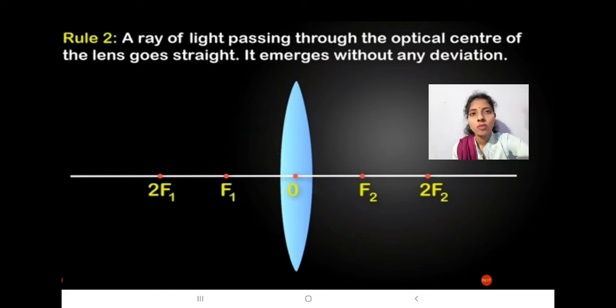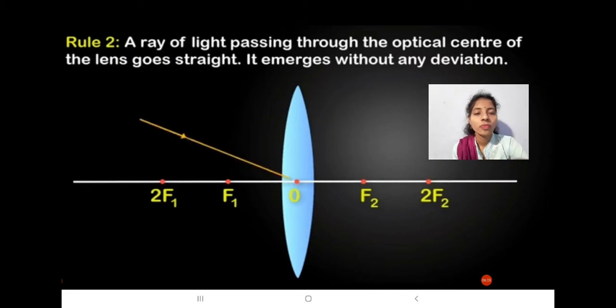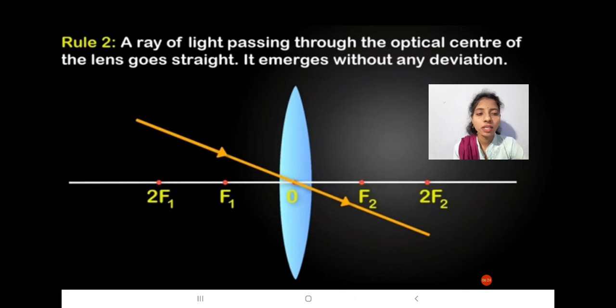You can see here, this is the incident ray and it meets at point O, the optical center. So after refraction the ray will not deviate. It passes through the lens in a straight line.